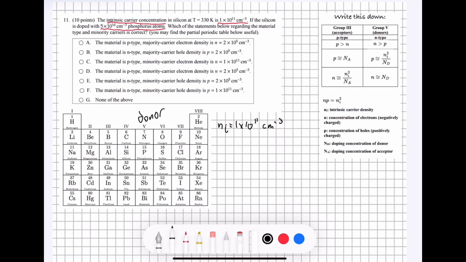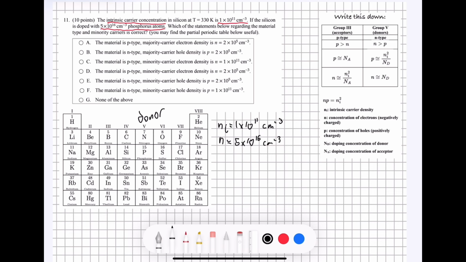And so we're going to be using the values on this side of the table to apply to phosphorus because it is a donor. So now that we know what phosphorus is, we know Ni, and we know that this number that we underlined earlier up here is going to be N. N equals 5 times 10 to the 16 centimeters negative cubed.